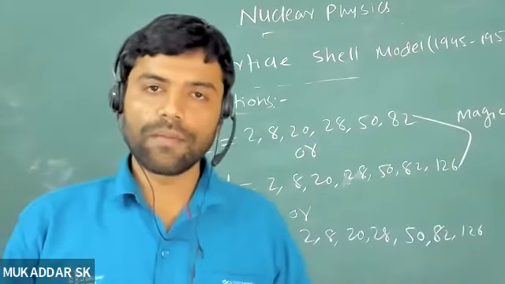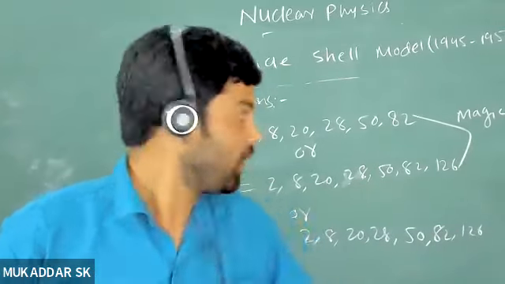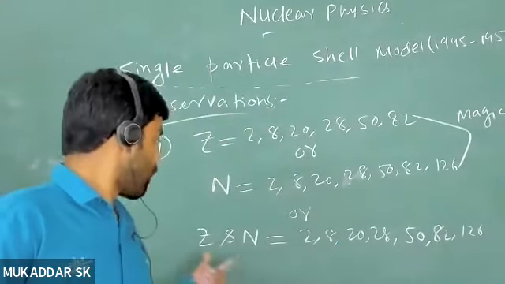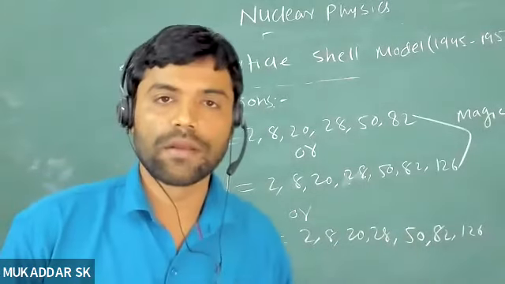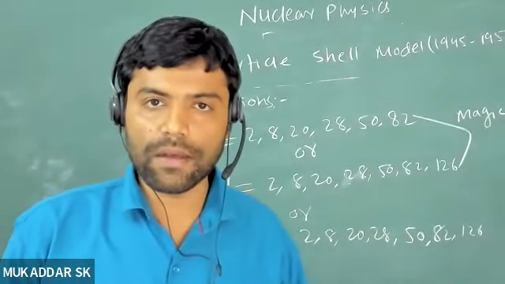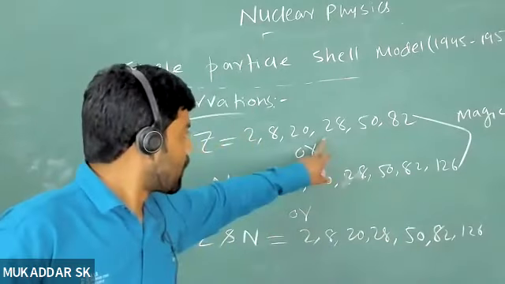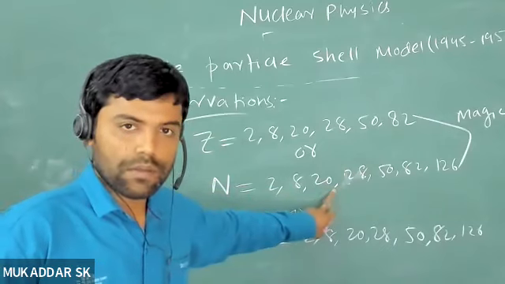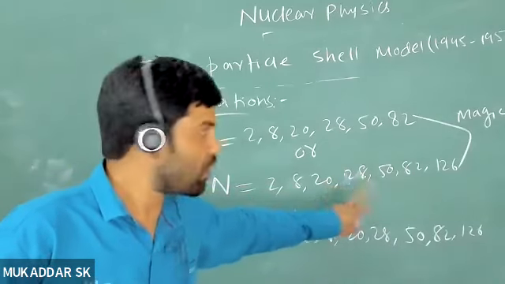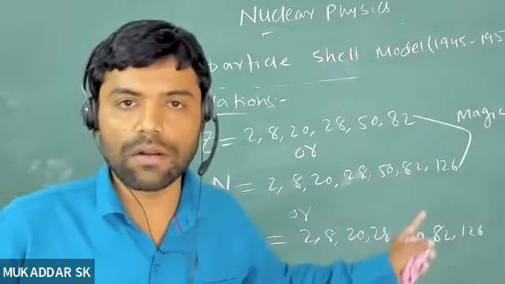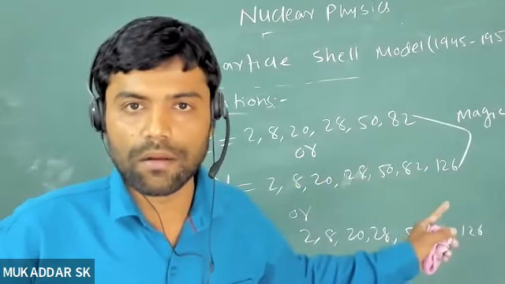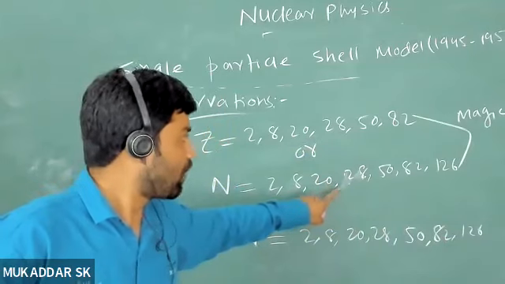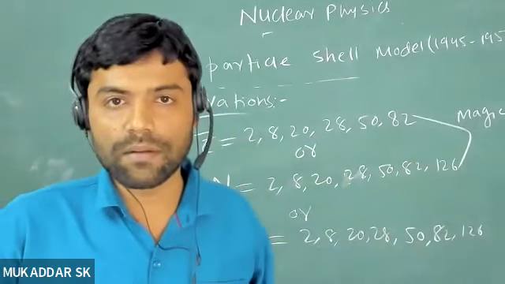So any nucleus with either this proton number, or this neutron number, is found to be most stable in nature, and I'll call that number a magic number.